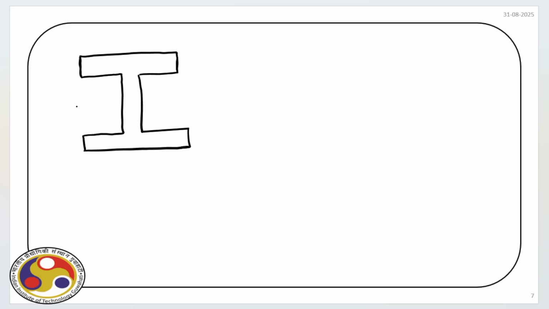Again, it's a symmetric section, and therefore the neutral axis will be at the middle of the section. So this is the neutral axis. And let the thickness of the flange be TF and thickness of the web be TW.